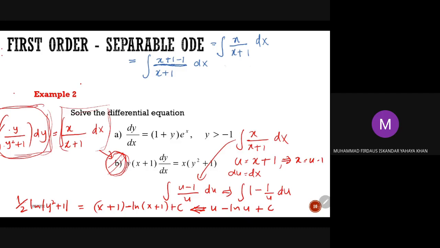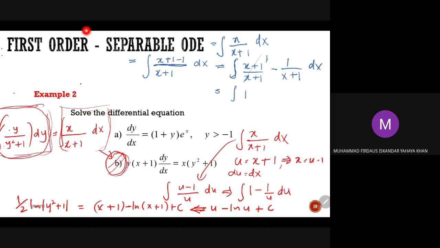Then you dapat tak idea macam mana nak proceed further this one? Do we need to let you? Kita pecahkan. Ya, dipecahkan. Dia akan dapat X plus 1 over X plus 1 minus 1 over X plus 1 dx. So daripada sini, apa yang dia dapat? X plus 1 over X plus 1 is 1. Okay.